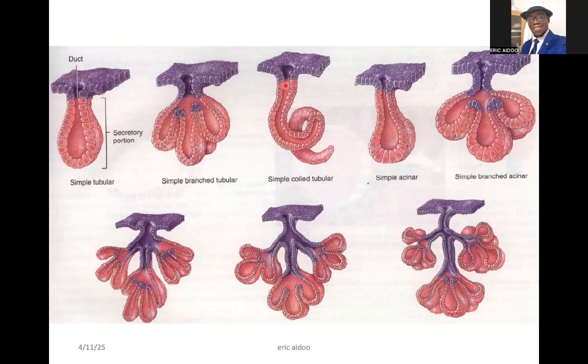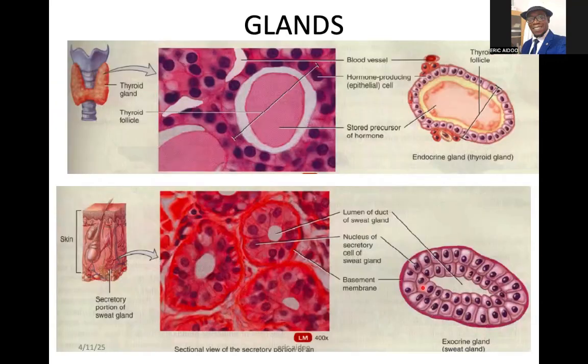Then this is simple coiled tubular. And this is simple acinar, simple branched acinar. Then these will become the compound ones where the duct is also branching. So compound tubular, compound acinar, compound tubulo-acinar, but without a serous demilune.